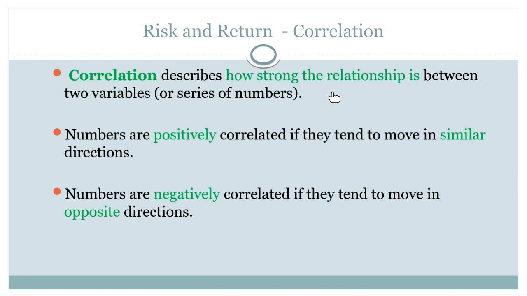So what we're actually looking for is whether there is a relationship between 2 different variables that I'm looking at. In other words, are they affected by each other? Or not only affected by each other, do they behave in the same way as each other when something in their environment changes?